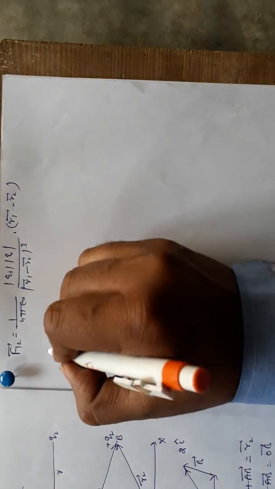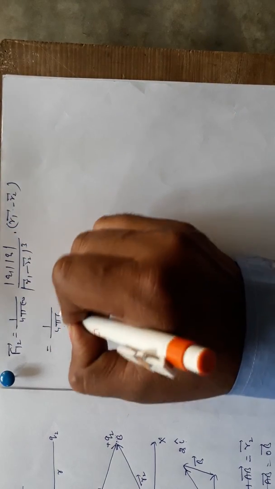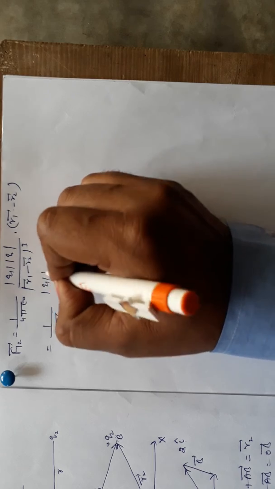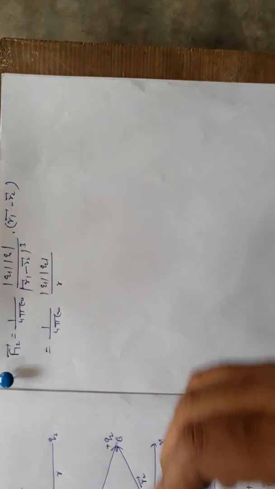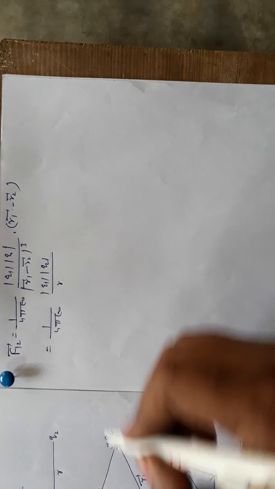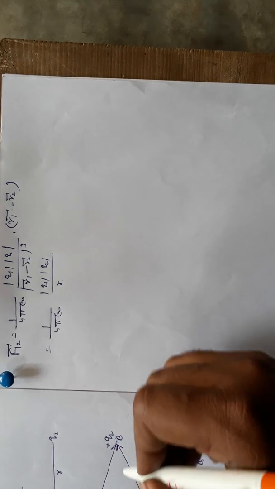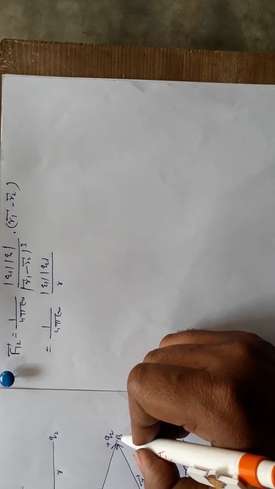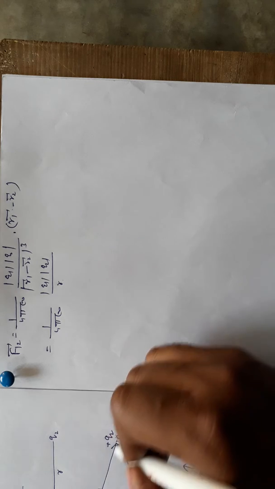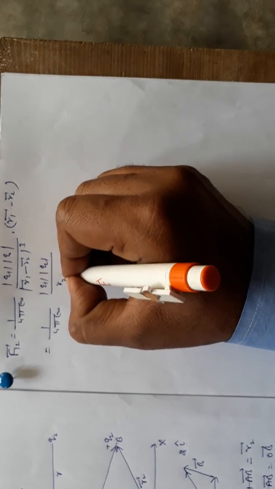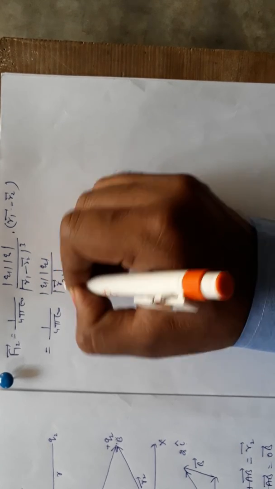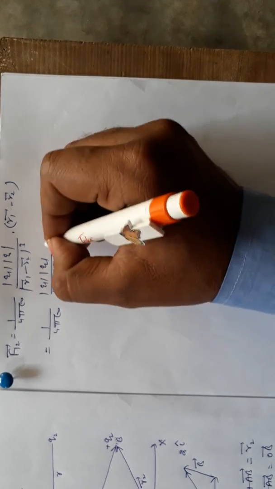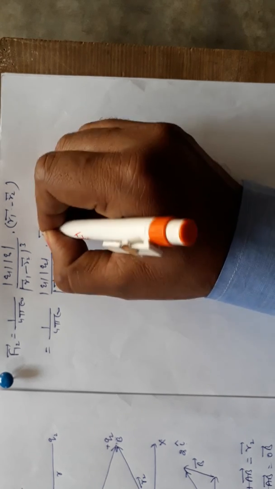In short, we can write it as 1 by 4 pi epsilon naught mod q1 mod q2 upon r. This vector is from charge q2 to charge q1; r1 minus r2 vector, that is BA vector, is from point B to point A, that is we can write it as r21. So r1 minus r2 can be written as r21, so r21 cube, and this becomes r21 vector.